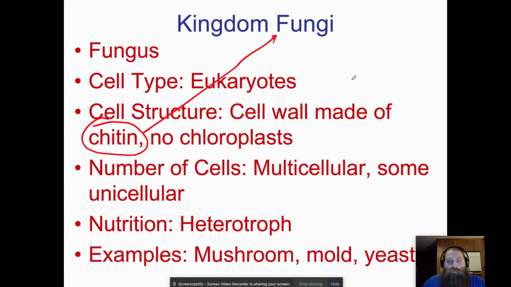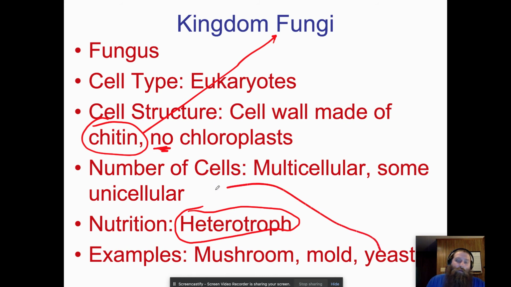These cell walls are made of chitin, and there are no chloroplasts, okay? So fungi are decomposers. They're not doing photosynthesis. Because of that, they can only be heterotrophs. Fungi are not autotrophs. They don't make their own food, okay? They can be multicellular or unicellular. Yeast is a unicellular fungus, okay?